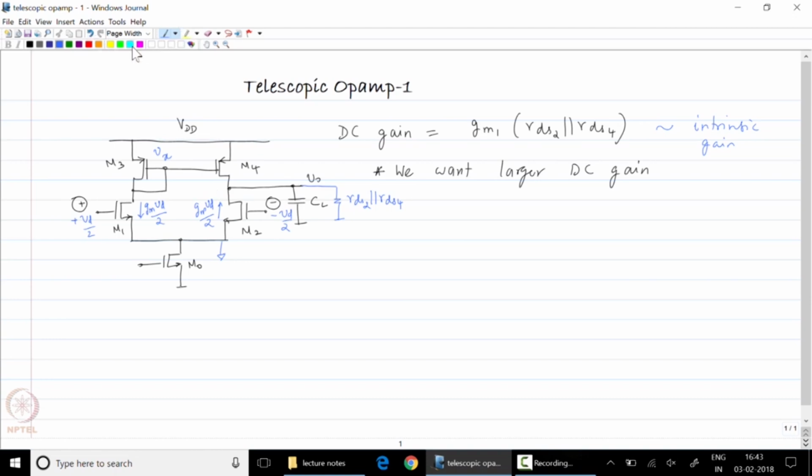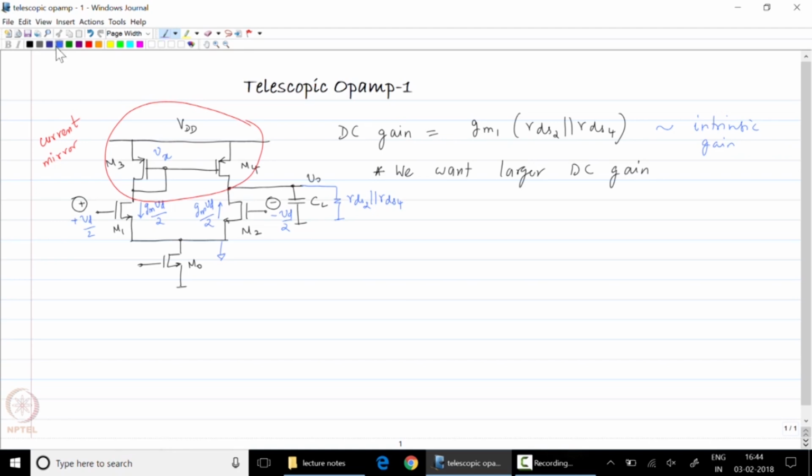You need to understand that this portion of the circuit comprises a current mirror, and it is an active load. You don't have any resistors, you have a PMOS load, and it comprises a current mirror.